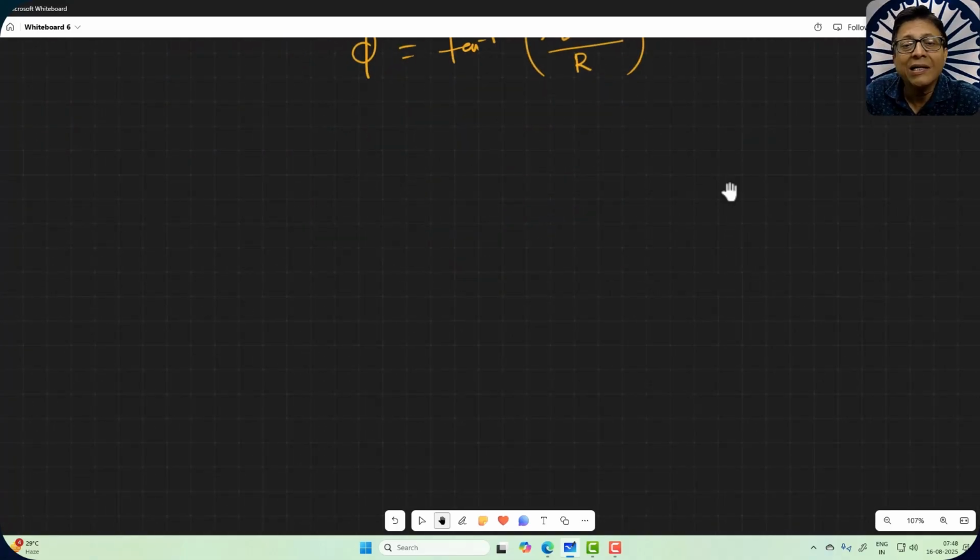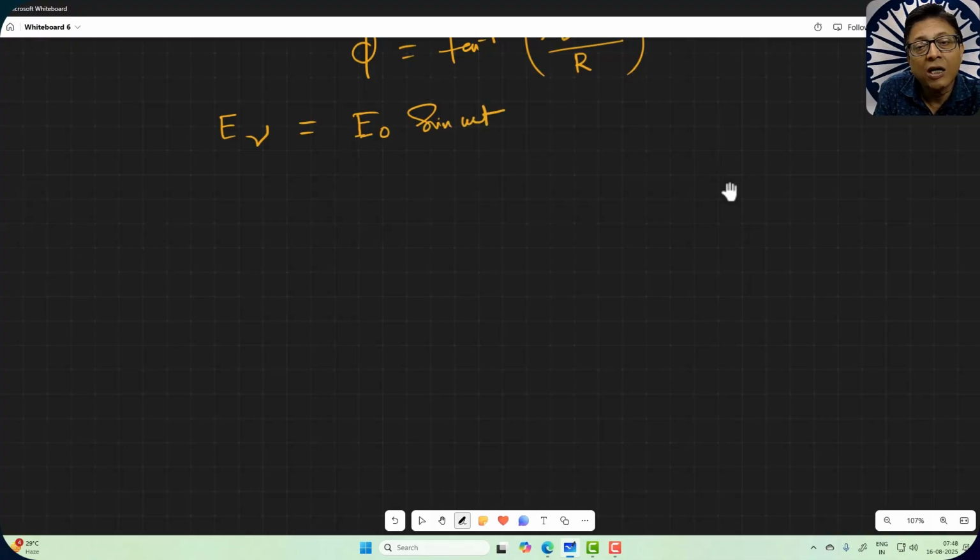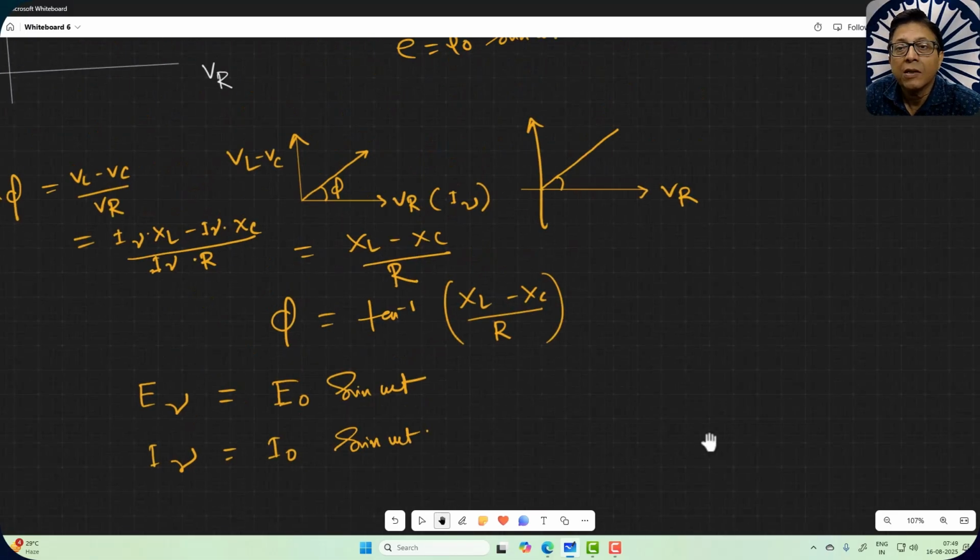In any AC circuit, if we take the applied EMF in this manner, e equal to E0 sin omega t and i equal to I0 sin omega t, this will not be appropriate because current and EMF have a phase difference.